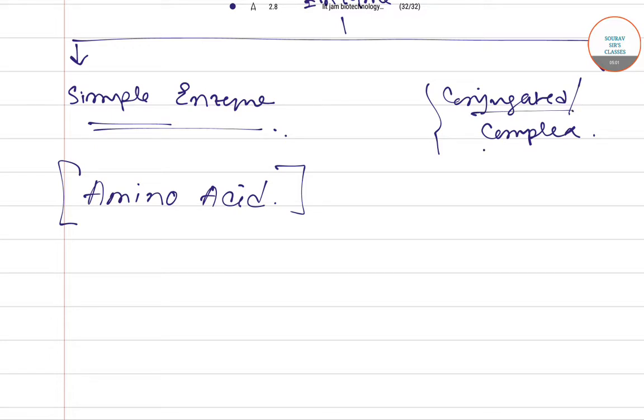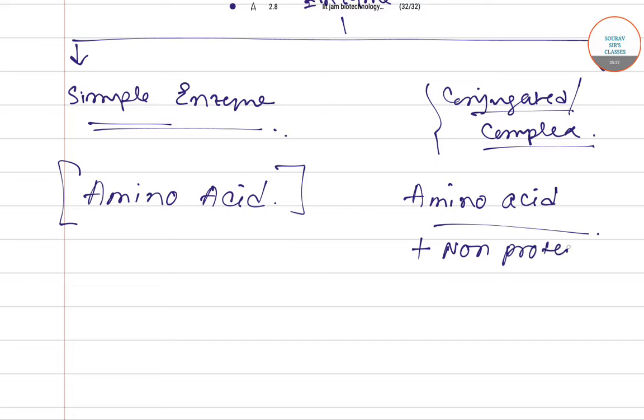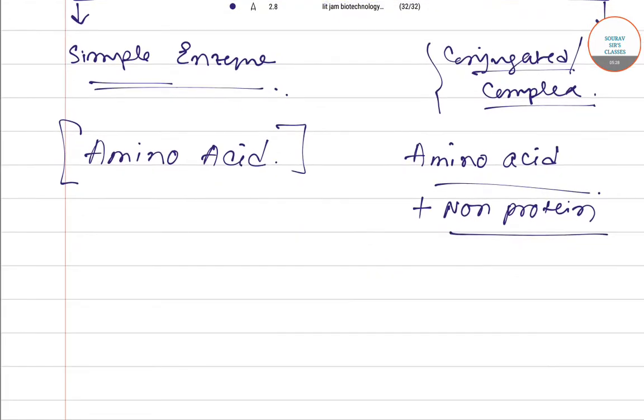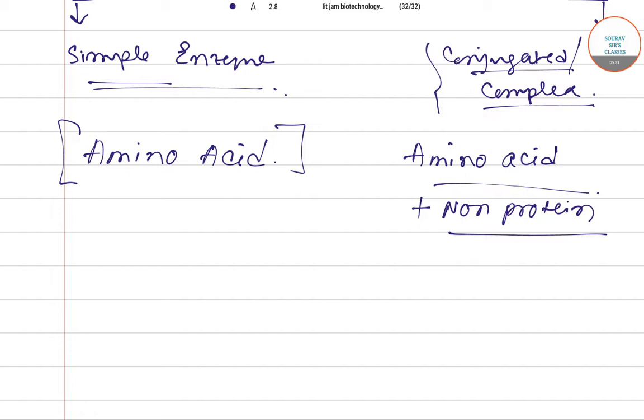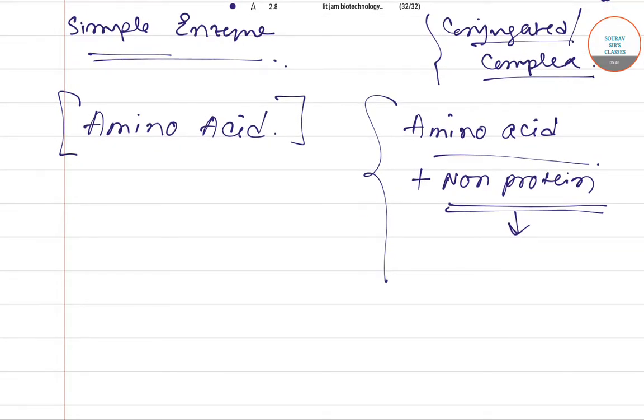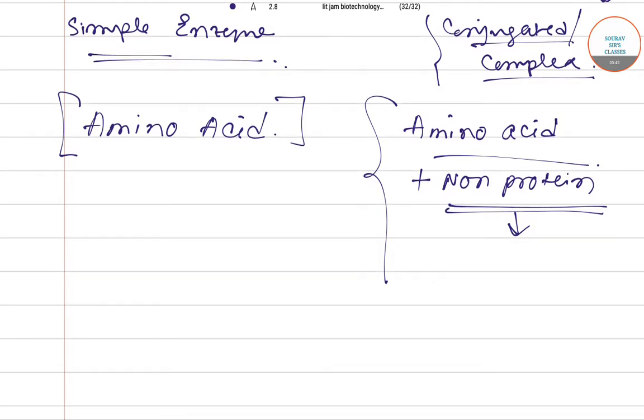But in case of conjugated or complex enzyme, they have amino acid residue, but along with the amino acid there is some additional non-protein chemical part, and this component has the potential to act as a catalyst. They are used as a catalytic residue.